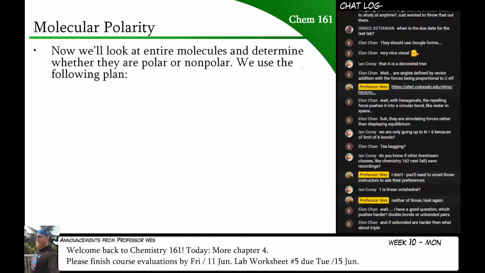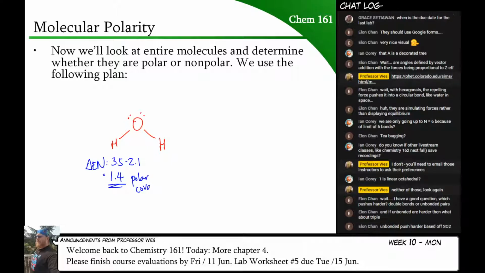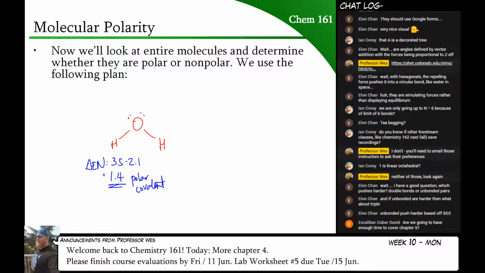So for instance, if I have a water molecule and I draw it with the correct geometry, you might remember back in early chapter 4 where we said, if I calculate the electronegativity difference of this, I could figure out what the difference in electronegativity is, and I could assign that as an arrow. Okay, there we go. There's my polarity. I do the same thing over here for this bond.